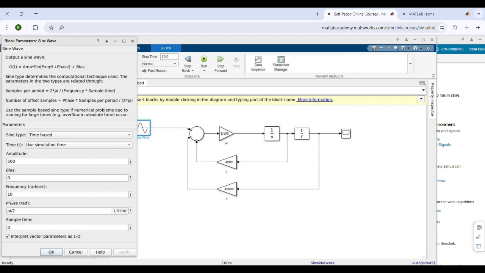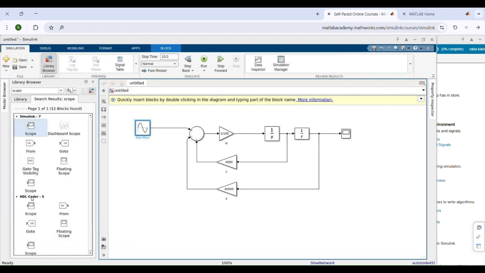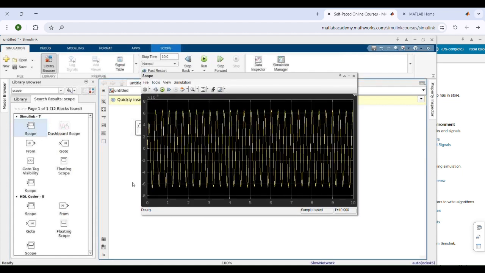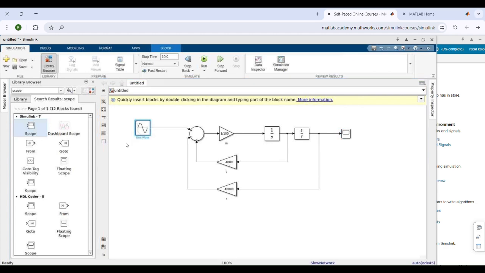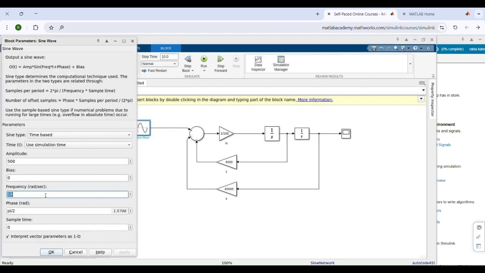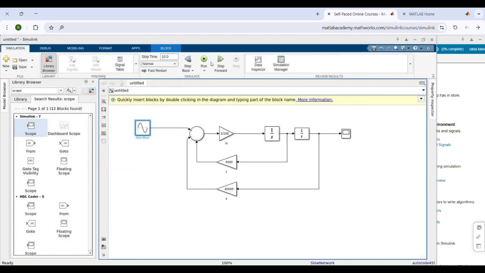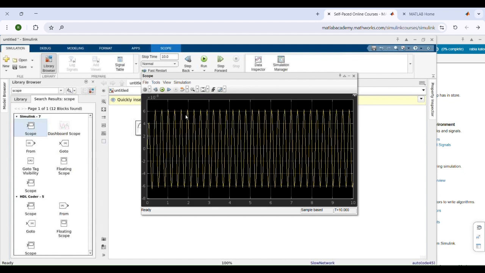Let's see 19. Waves are closer together. Let's see 20. And 20 should be no more oscillations or no more vibrations. Yes, it's more stable.